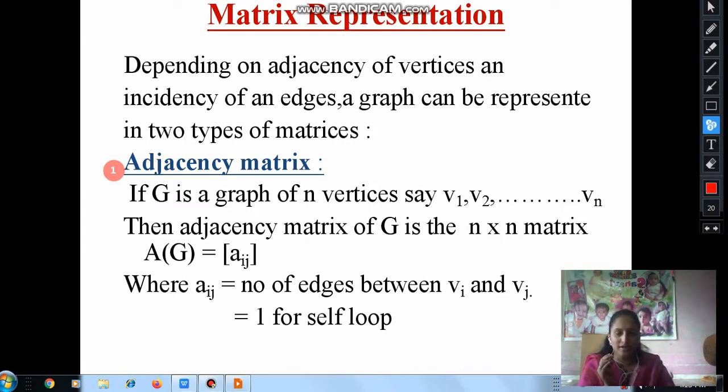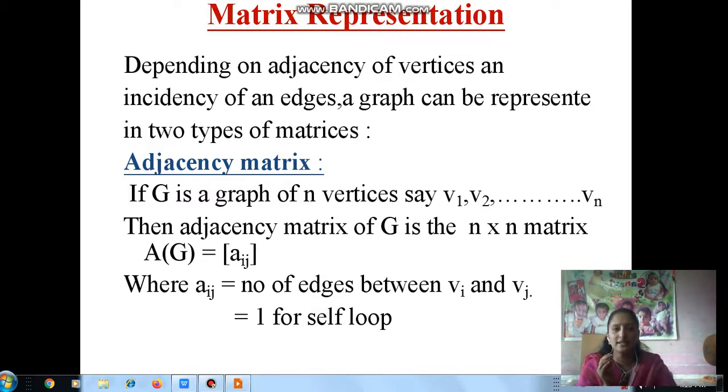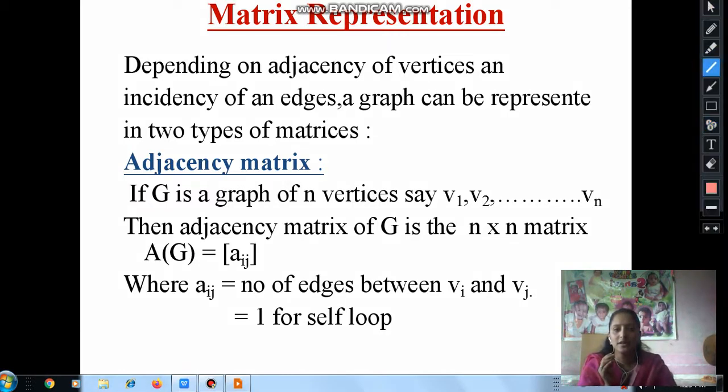This is symbolically represented as A of G is equal to Aij. This is the symbolic representation of the adjacency matrix of G.